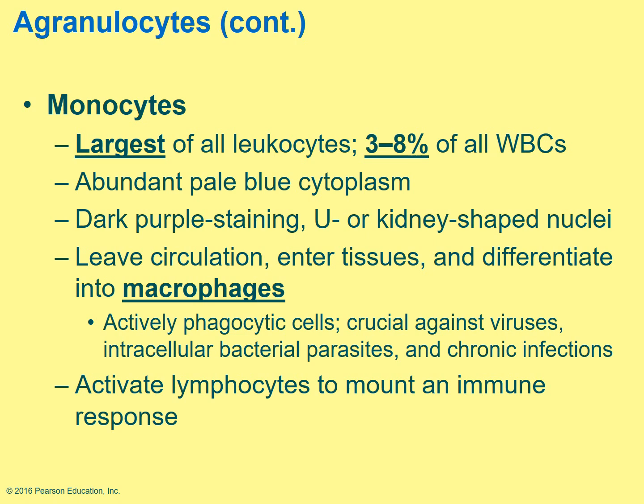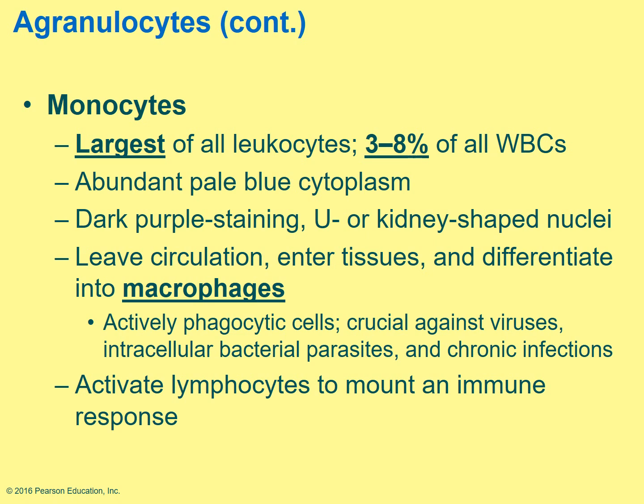And then your monocytes, these are the largest of the leukocytes, about 3 to 8% of all the white blood cells. They tend to have either a kidney or a U-shaped nucleus. They will actually leave circulation when they enter the tissues. They differentiate and become macrophages, which are highly phagocytic. They play a large role in helping to protect you against viral infections, bacterial infections, chronic infections.